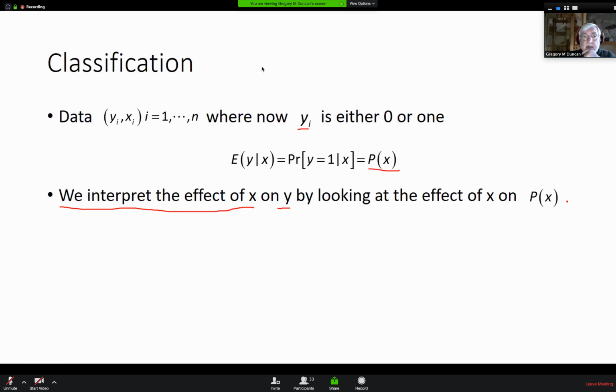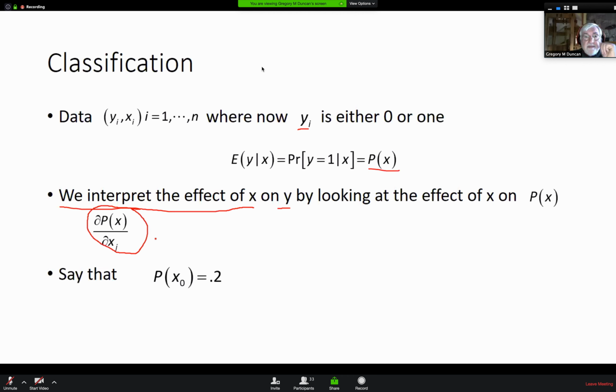In particular, we will look at the partial derivative of the probability of, say, purchase for a change in the price. That's what our effects are going to be: changes in probabilities.